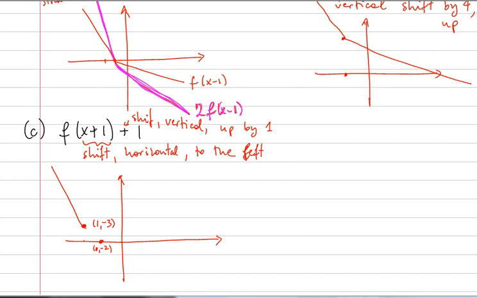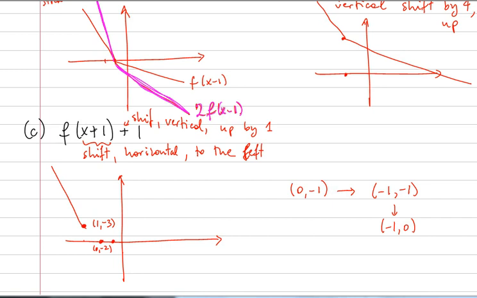Oh, we should also calculate where the other point goes. The other point that was evidenced in the graph was the point 0, -1. So shift to the left by 1 is -1, -1, and shift up by 1 is -1, 0. So -1, 0 is where it's gonna end.